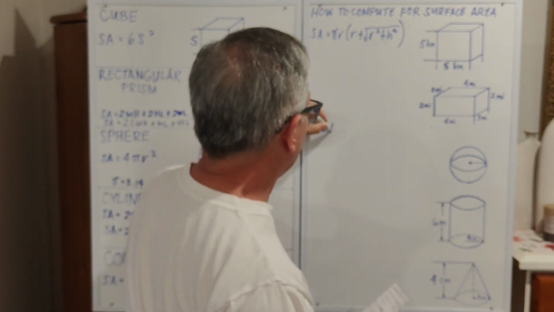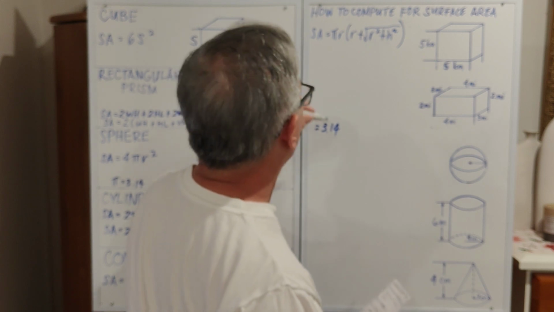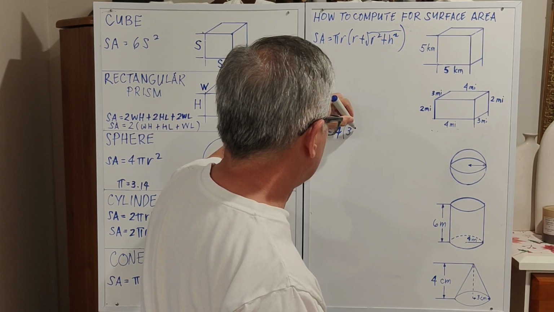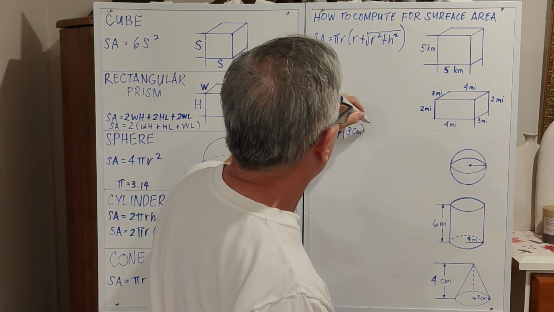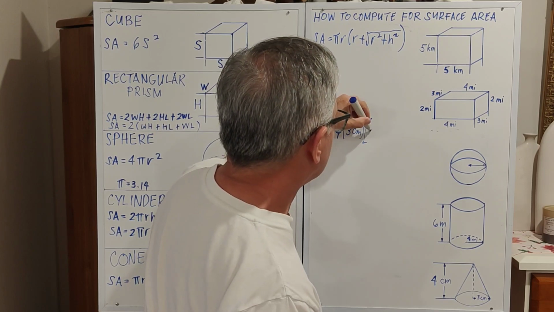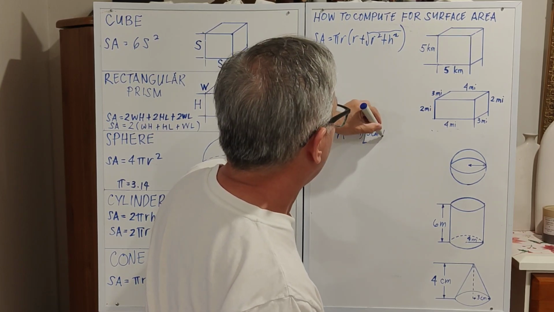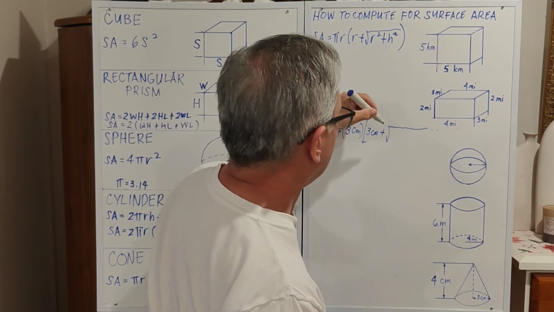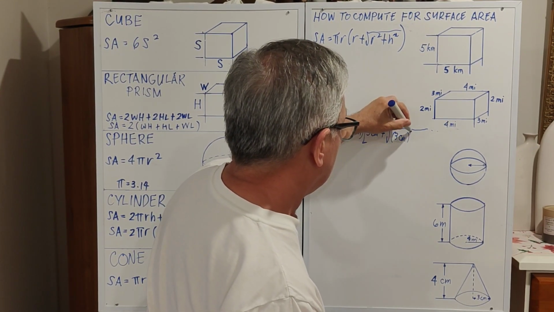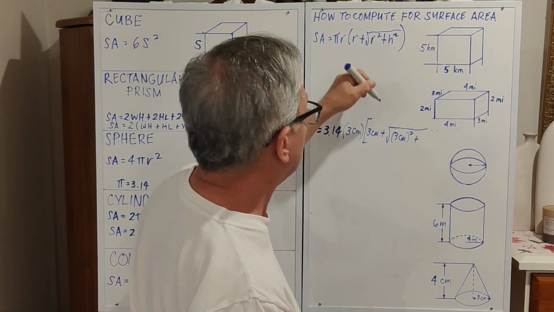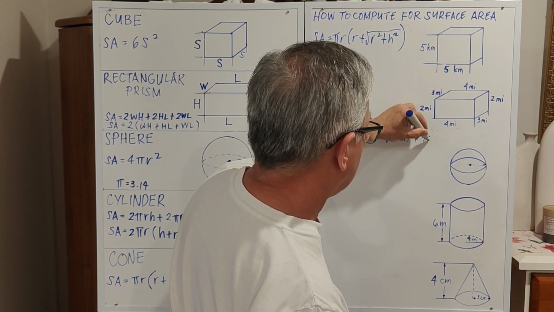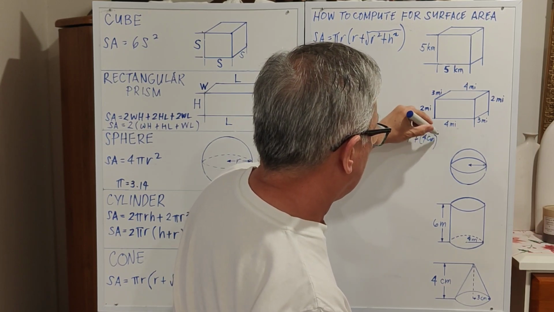Pi is 3.14 times r, which is 3 centimeters, times r, which is 3 centimeters again, plus the square root of 3 centimeters, the quantity squared, plus 4 centimeters, the quantity squared.